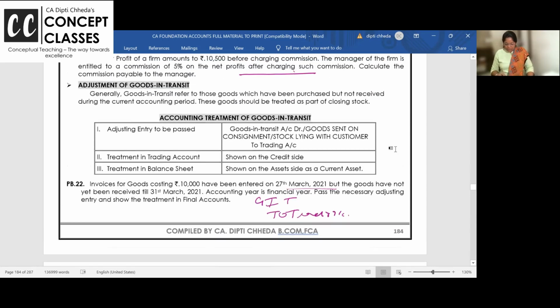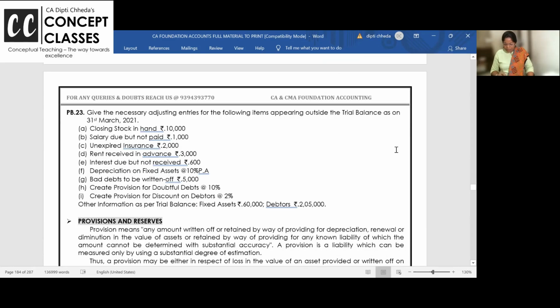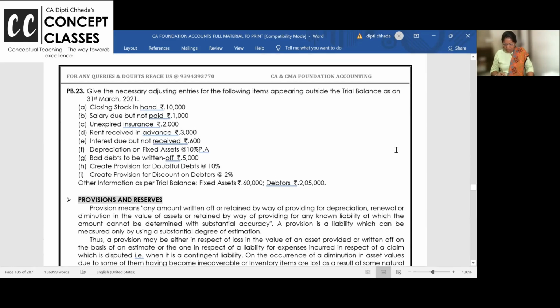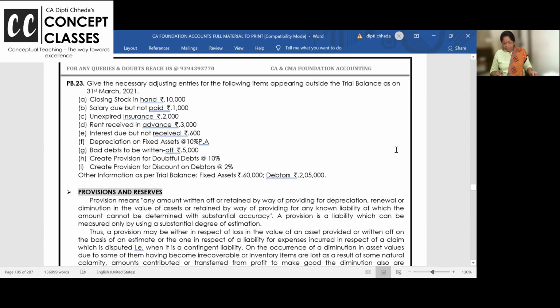Right. So now can we do one combined problem for all the adjustments together? Just by reading the problem one by one, we can pass all the entries as they come. Give necessary journal entries if this is all given below the trial balance. It will take some time, but it will be a nice practice for all of us.